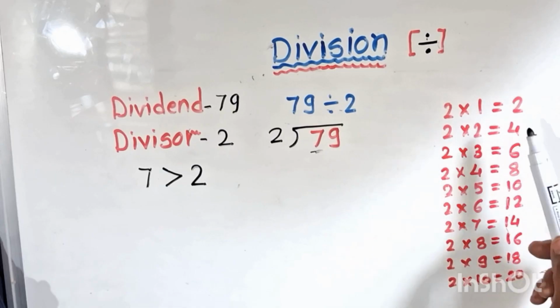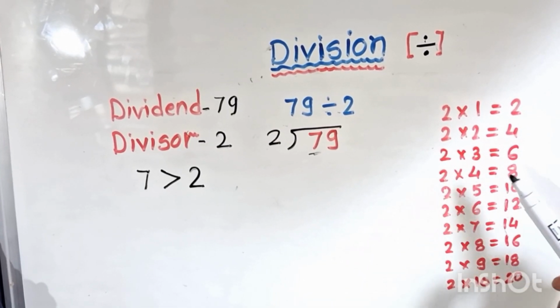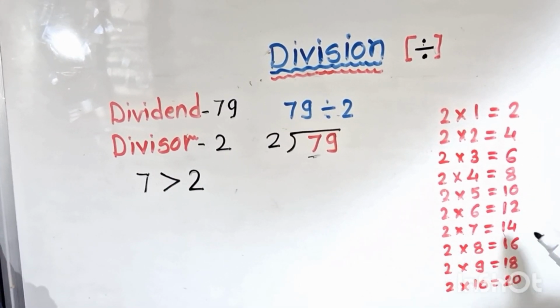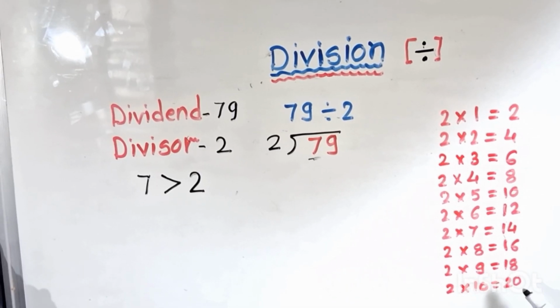See, 2 ones are 2, 2 twos are 4, 2 threes are 6, 2 fours are 8, 2 fives are 10, 2 sixes are 12, 2 sevens are 14, 2 eights are 16, 2 nines are 18, 2 tens are 20.